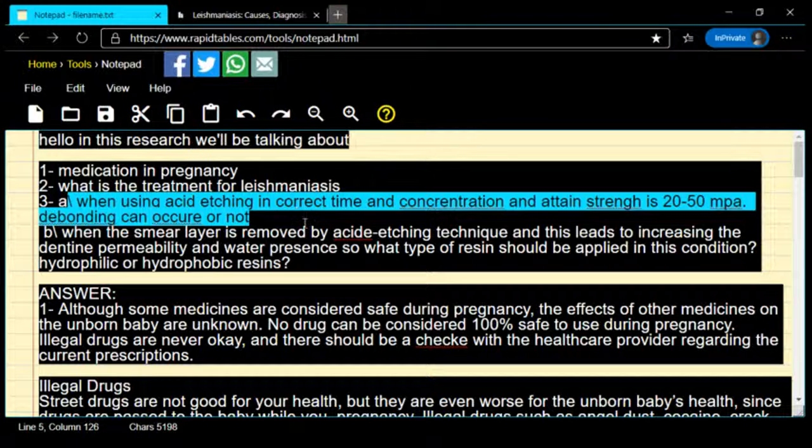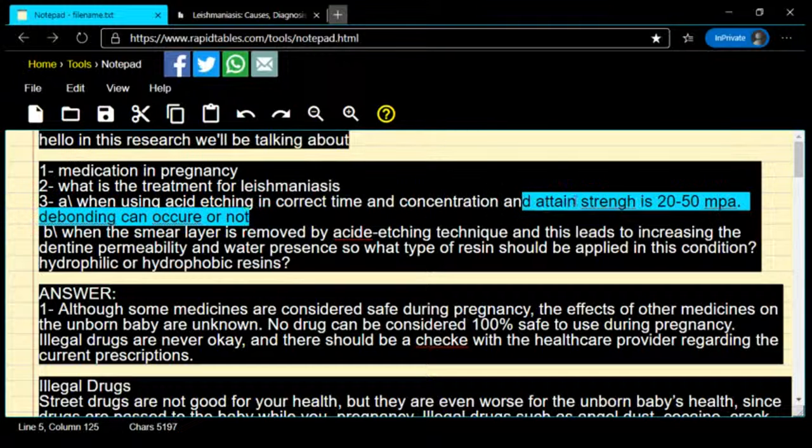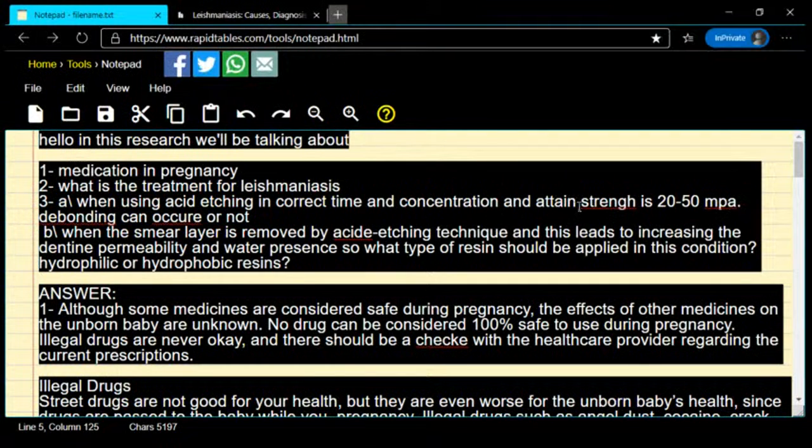When using acid etching in correct time and concentration, the attained strength is 20 to 50 MPa. Debonding can occur or not. Interesting.